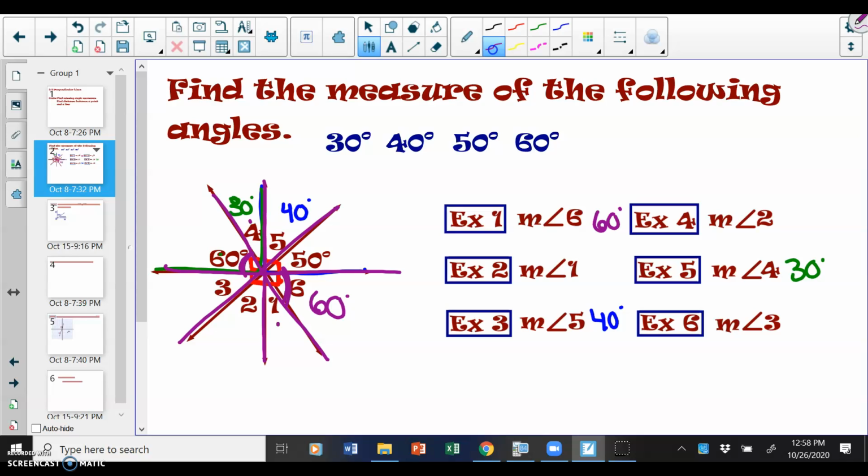Angle 1 is vertical with angle 4, so angle 1 is also 30 degrees. And angle 3, let's see, if we know angle 2 is 40 degrees, and this has got to make a right angle, that means that angle 3 has got to be 50 degrees. And then we said angle 2 is 40 degrees because it is vertical with angle 5. So we're looking mostly for vertical angles and complementary angles here.